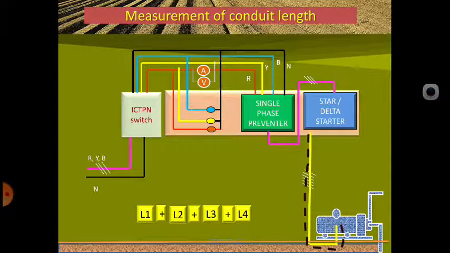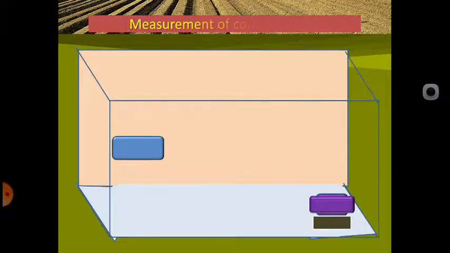So this is the total length. For clarification, you can see here, for example, a simple calculation once again. Assume this is a room with the given dimensions: 3.5 meters height, 4 meters length, and 3 meters width as per our requirement.